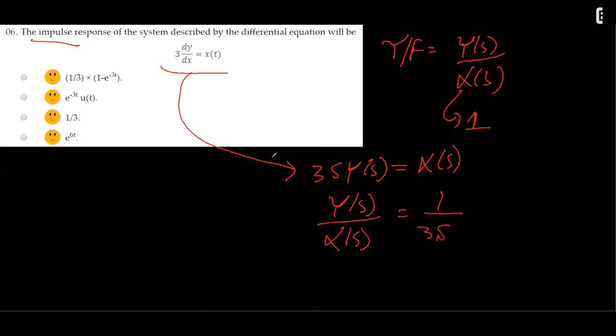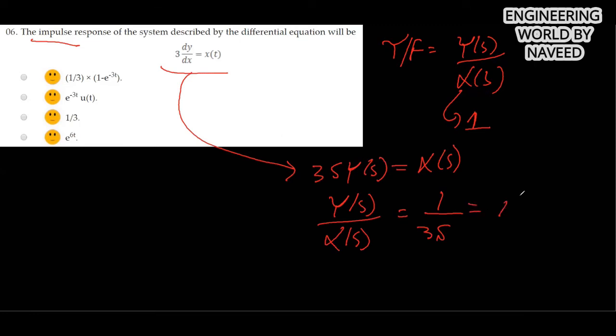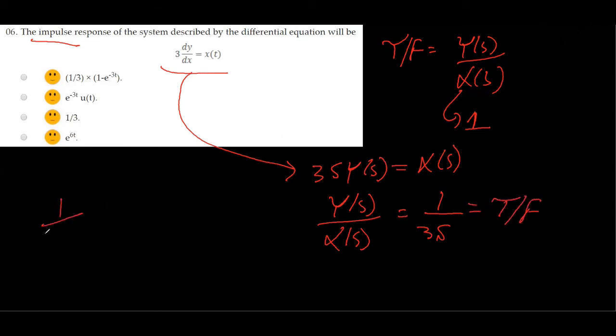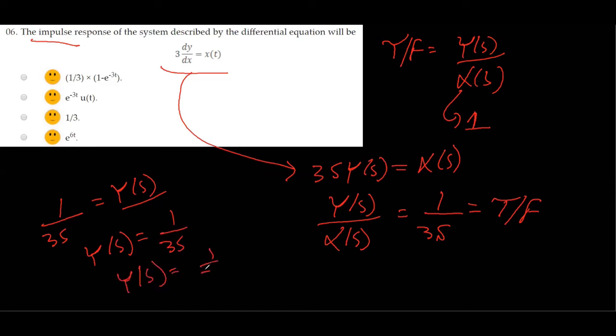So that is equal to the transfer function. 1 divided by 3s is equal to Y(s)/X(s), where X(s) is 1. So your Y(s) will be equal to 1 divided by 3s. So y(t) will be equal to 1 divided by 3 e to the power 0t, that's equal to 1 divided by 3. So option C is the correct answer.